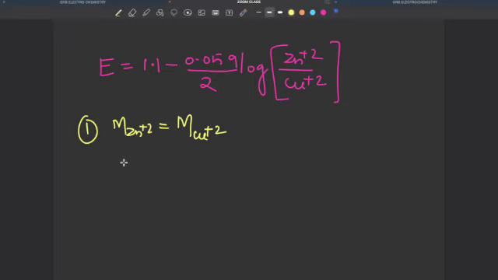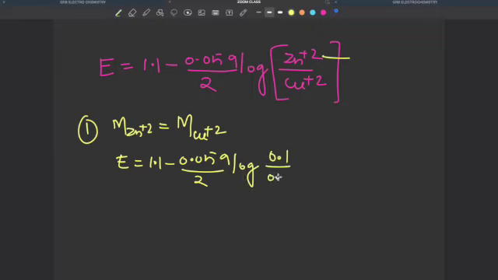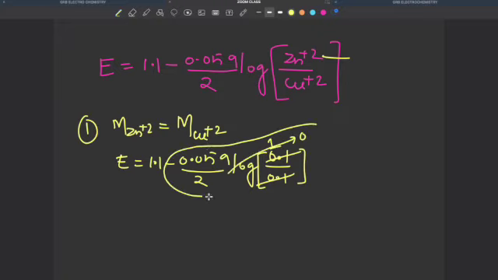I'll plug in the values for ease of understanding. E equal to 1.1 minus 0.059 by 2 into log. I'm taking the concentration of this as 0.1 and the other also 0.1. Solve this. So these two cancel out, you get log 1, which we know is 0, so this entire term becomes 0.